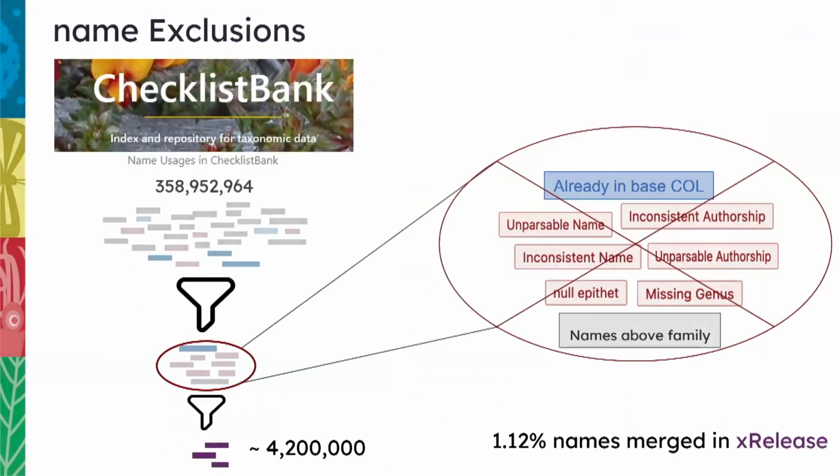All these considerations end up discarding a high percentage of the names available in Checklist Bank. Thus, from the tests we have carried out in recent months, we observed that on average, just over 1% of the names available in Checklist Bank end up being merged into the extended release.